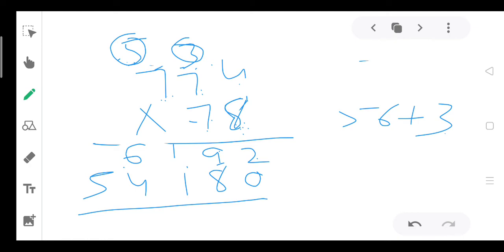Now 7 4s are 28, 2 goes as a carry, we will write a new carry here. 7 7s are 49 and 2, 51, 5 goes as a carry, 7 7s are 49 plus 5, it is 54. Now we can do our addition.